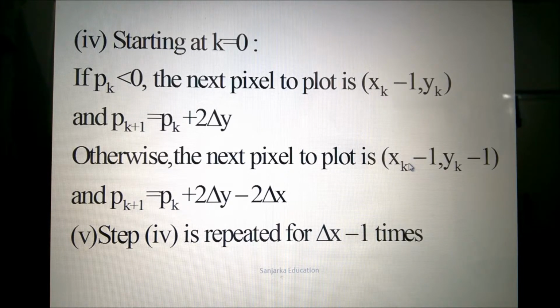The x also will be decremented and y also will be decremented by 1, because both initial coordinates of x and y are higher, and it has to reach a lower level. Therefore both will be decremented by unit step, and the pk plus 1 equation remains the same as before, and it will be repeated as before delta x minus 1 times.